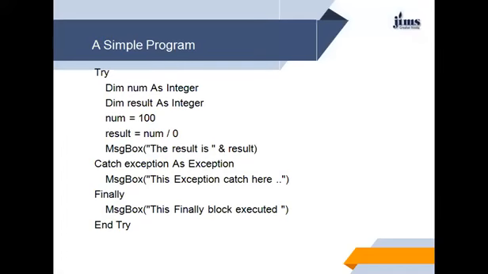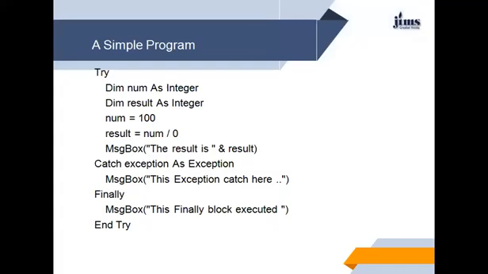Here you can also use ex or e, whatever name you wish, it is just a name, but in Exception the E should be capital because it is a class. Now MsgBox to display the exception caught here. So this is the try block and this is the catch block. Only one try block and one catch block are there.